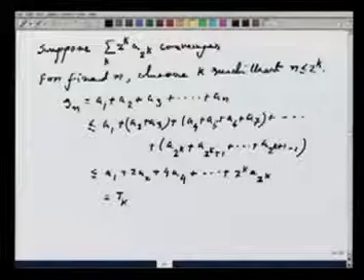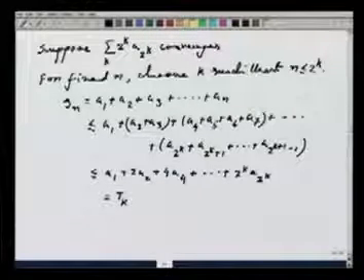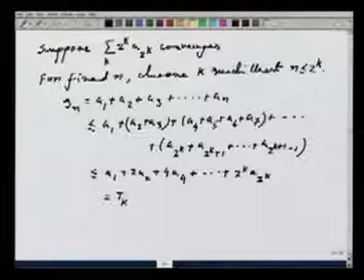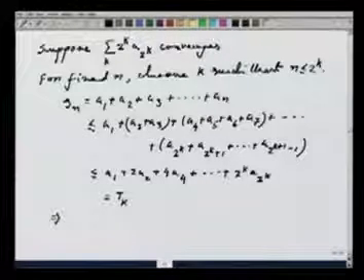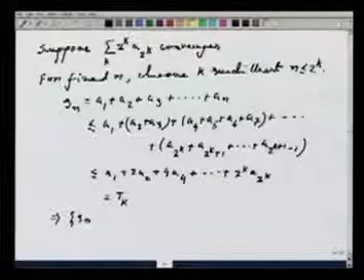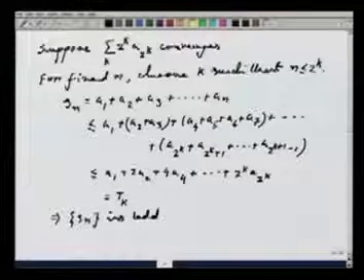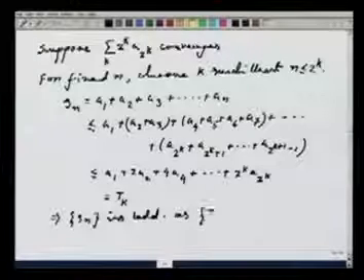Now since I have assumed that 2 to the power k a2 to the power k converges and it is a series of non-negative terms, that implies that Sn is bounded as the sequence tk is bounded.